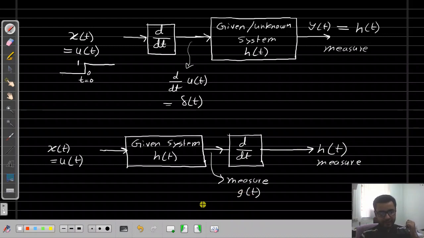I will call it step response, because this is the response or output of the system when input is a step function. This you can measure, and then on pen and paper, you can perform the differentiation on the step response. The result will be the impulse response.